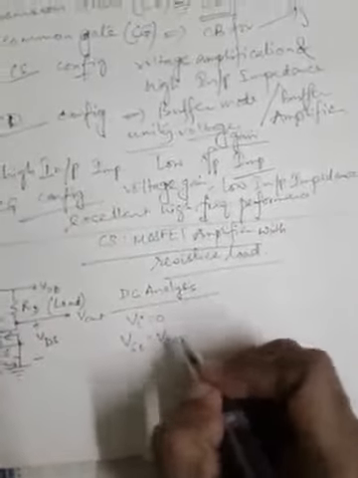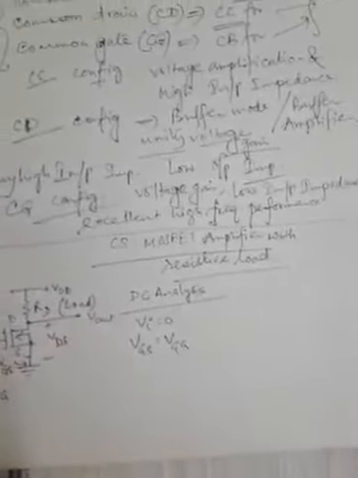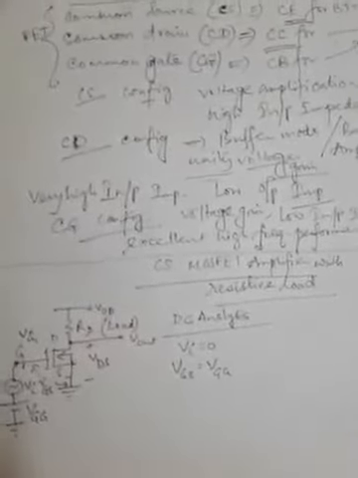Therefore, in the input circuit between gate and source, you can see only VGG is applied, and this VGG will bias the gate terminal with respect to the source terminal, and that gate to source voltage is denoted by VGS. So the second condition is VGS is equal to VGG. This is the second condition of DC analysis. The gate to source voltage will be equal to the applied DC biasing voltage between the gate and source.